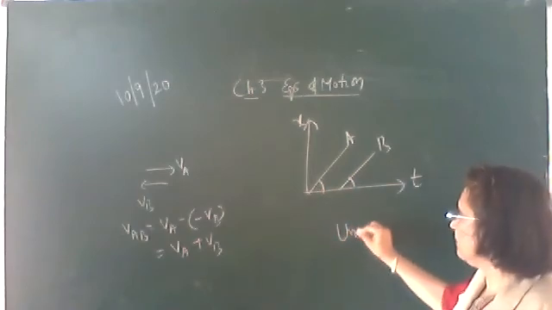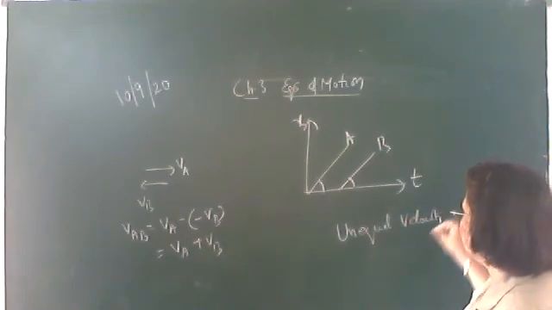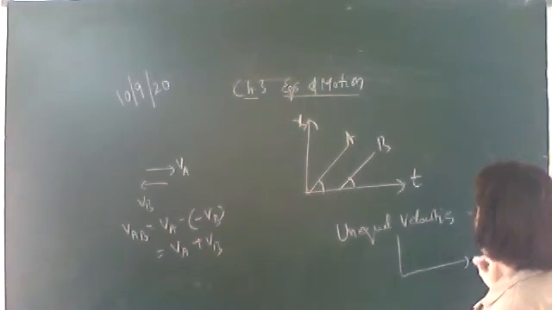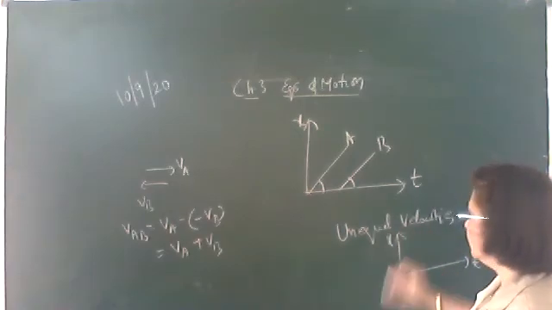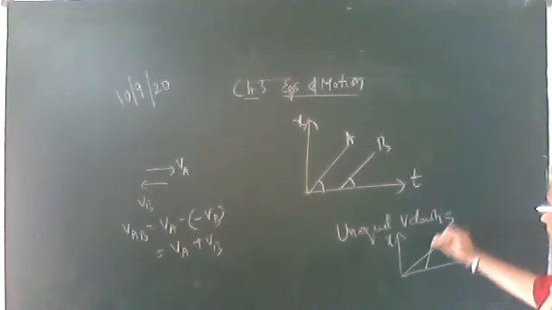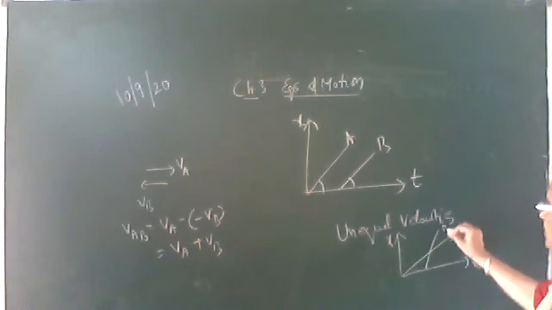Okay, unequal velocities. How will the graph be if the bodies are moving with unequal velocities? The xt graph only we are discussing. One will have a greater slope than the other, so the two may intersect with each other.